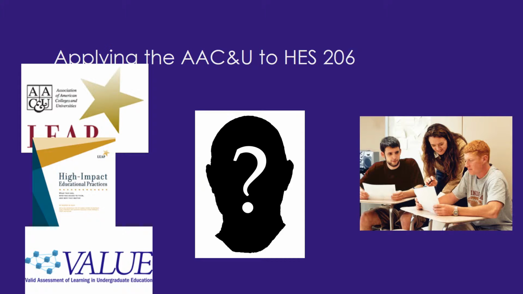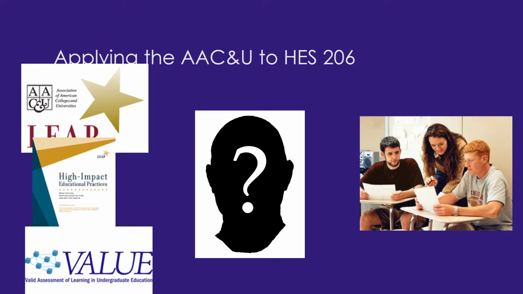So I think we're already doing a lot of these things, but we have to prove, demonstrate, or explain to this committee how we're doing this and why HES 206 should be a requirement in the associate's degree.